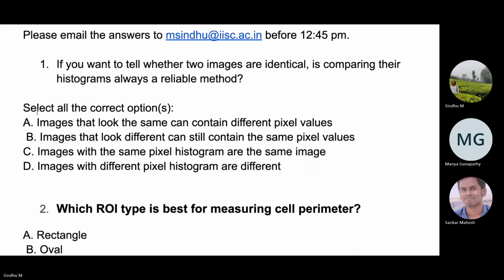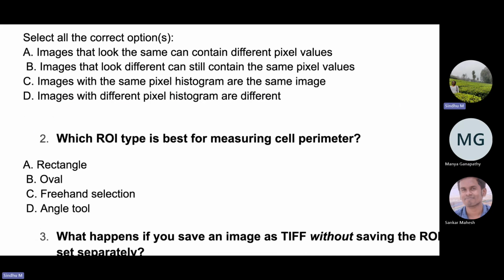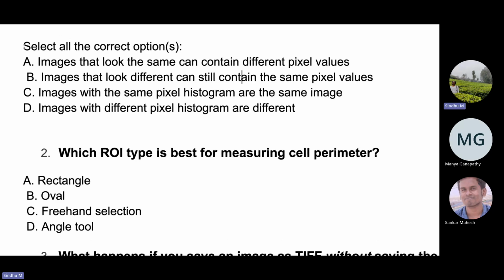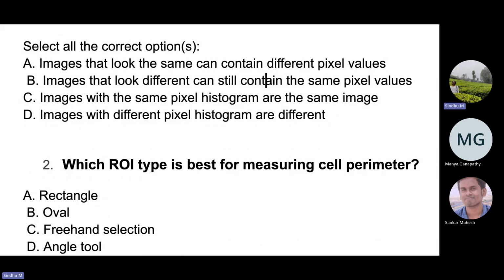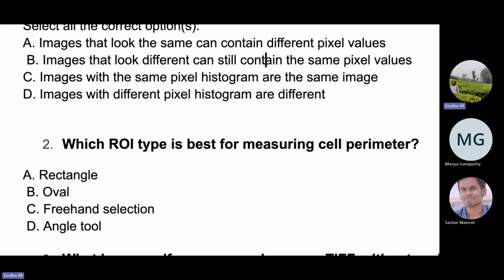So if you look at the first option, it says that images that look the same can contain different pixel values. Let's say it is possible that even though to our eye the images are the same, there could be some small differences in pixel values that we may not be able to see visually. So A is correct.